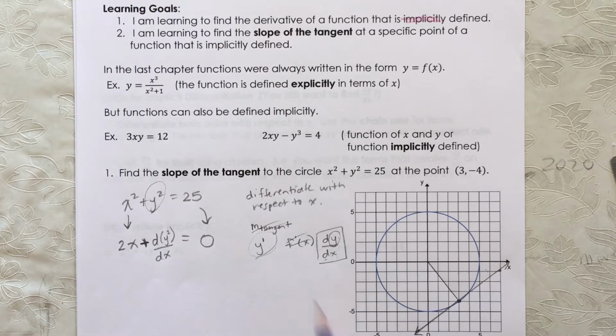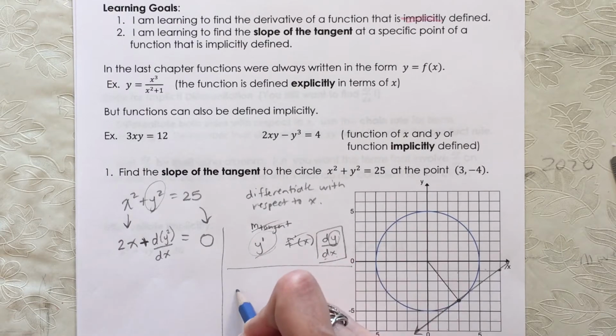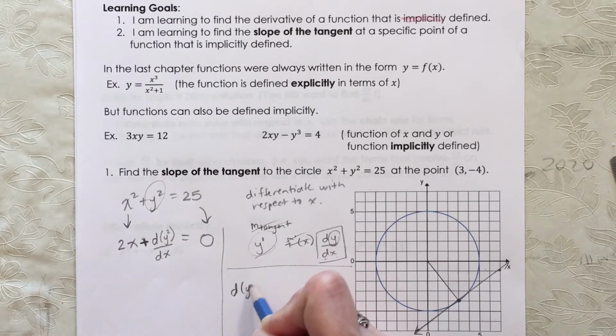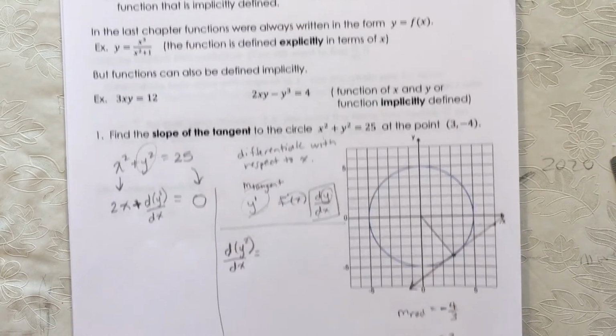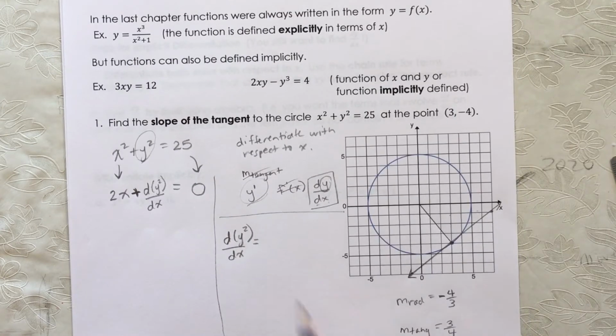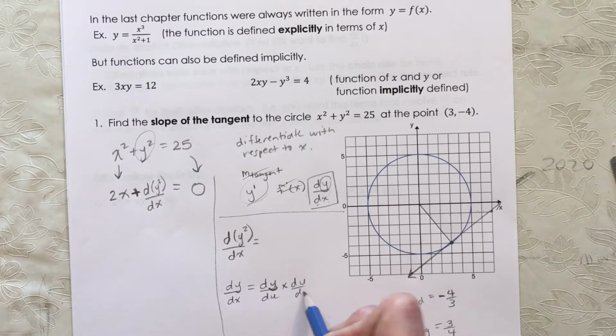Just as an aside, before we go back over here, we can use the chain rule to figure out the derivative of y squared with respect to x. If you remember back when we first learned what the chain rule was, we said dy by dx was the same as dy by du times du by dx.